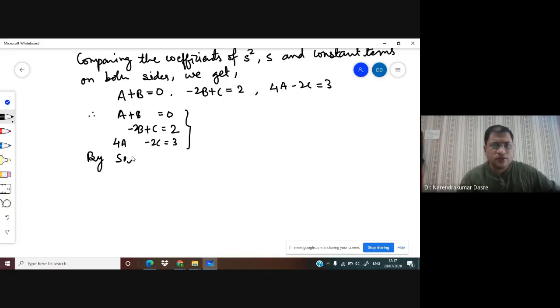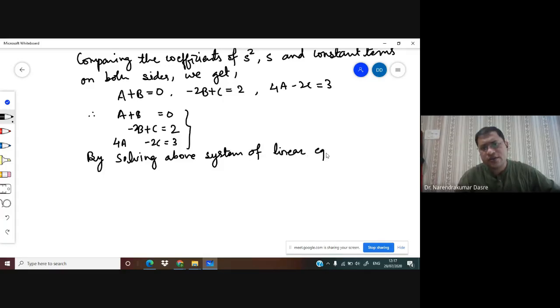So by solving the above system of linear equations, we get a is equal to, b is equal to, and c is equal to.